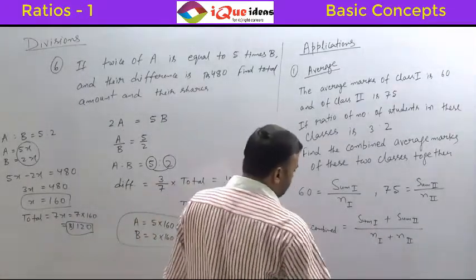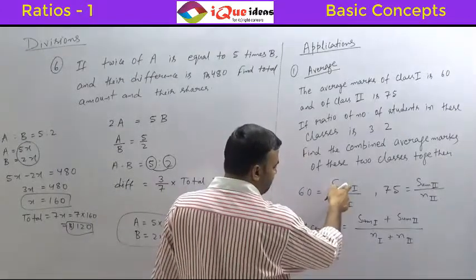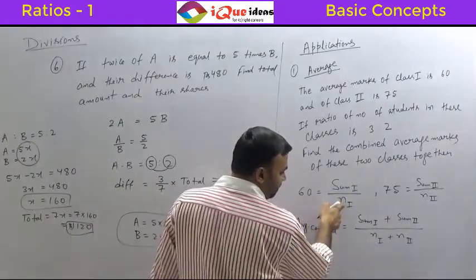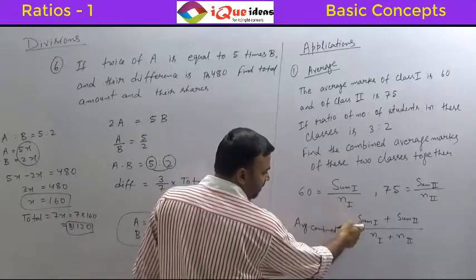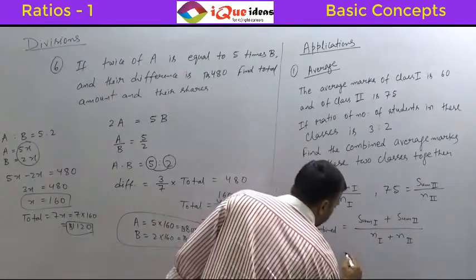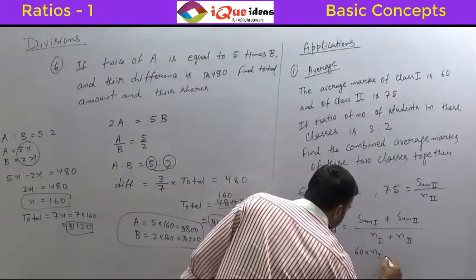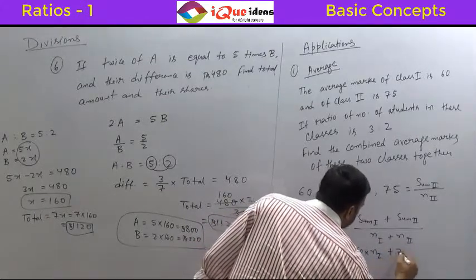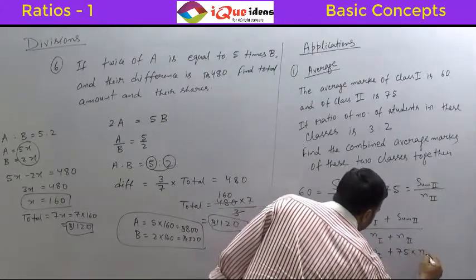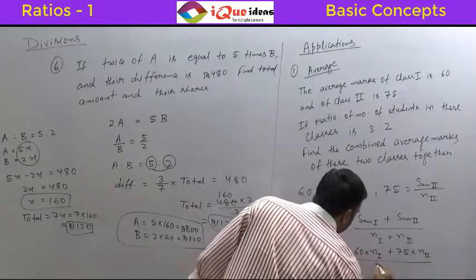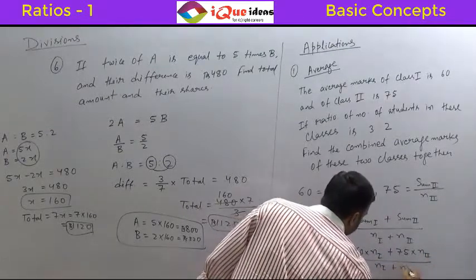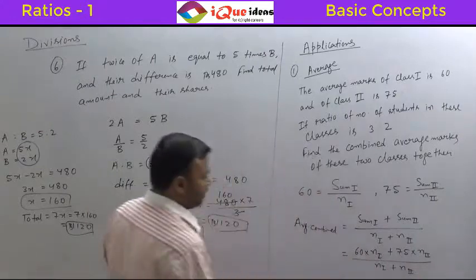But there is another way you can see from here. Sum of the first class will be equal to 60 into the number of students in the first class. That can be put here. So I would put it like this: 60 into the number of students in the first class plus 75 into the number of students in the second class, divided by the number of students in the first class plus the number of students in the second class. Alright.